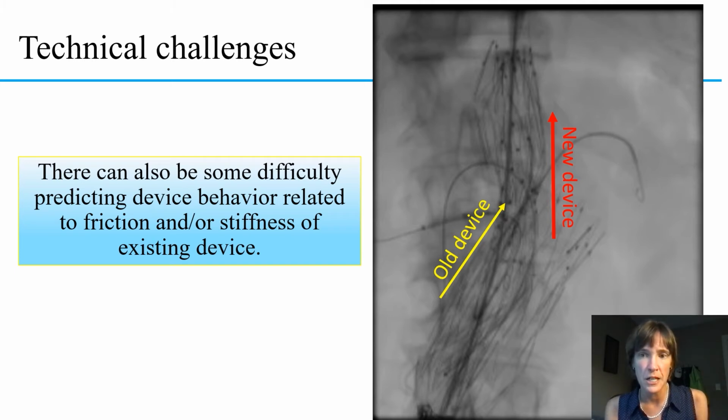This can make cannulation difficult due to misalignment. So you see depicted here in yellow, the old device has a vector headed one direction, and the new device is in a vector that's in apposition to this. And it's just very difficult to predict exactly how that will cause the fenestrations to line up.